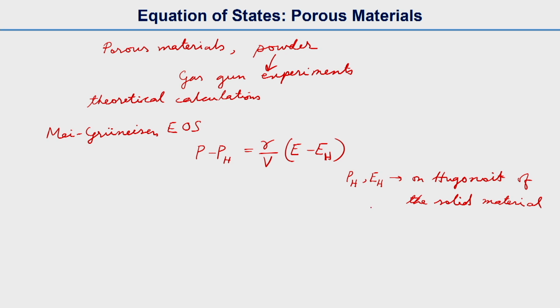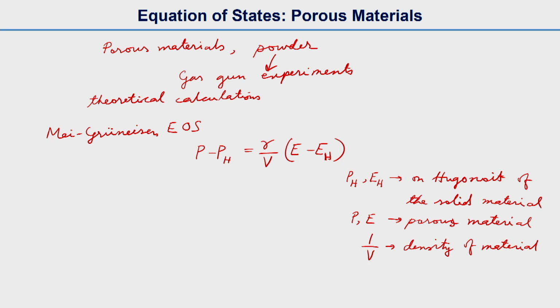And then P and E are for the porous material or powder, let's say, and 1 by V is the density of the material.